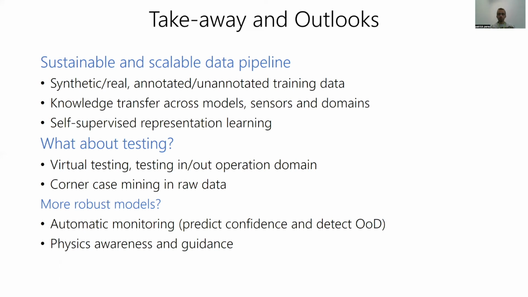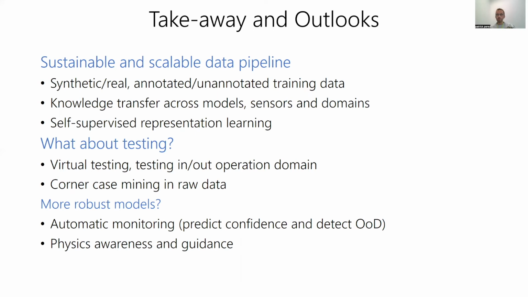And in order to get the best data possible for the challenging things we have, in particular for autonomous driving or assisted driving, we have to make use of all the resources we can put our hands on: real data, synthetic data, annotated, not annotated, etc. And then we have all these mechanisms to transfer or factorize out the information across the data sets, all the way to self-supervised learning, which is becoming more and more powerful.